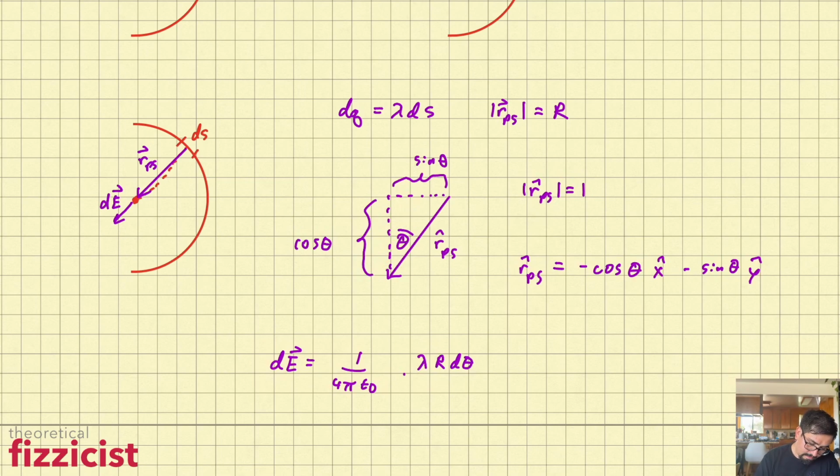Then we have to divide it by the total magnitude, which was r squared, and then multiply it by our unit vector. So let's take that expression over here. Boom, boom, boom. Don't forget those parentheses, friends. And bada bing, bada boom, I got my nice, gorgeous little expression for the electric field of my half ring at its center.